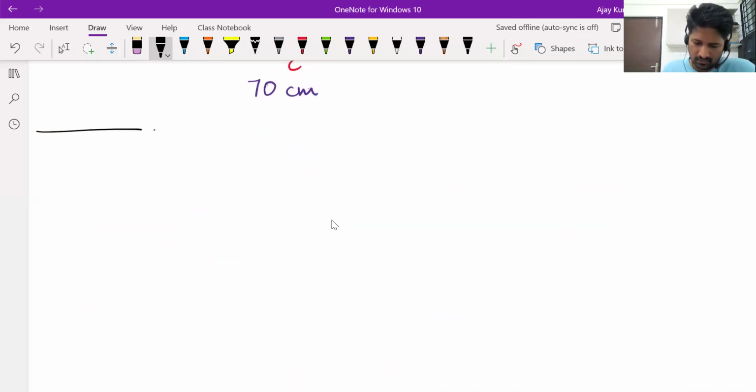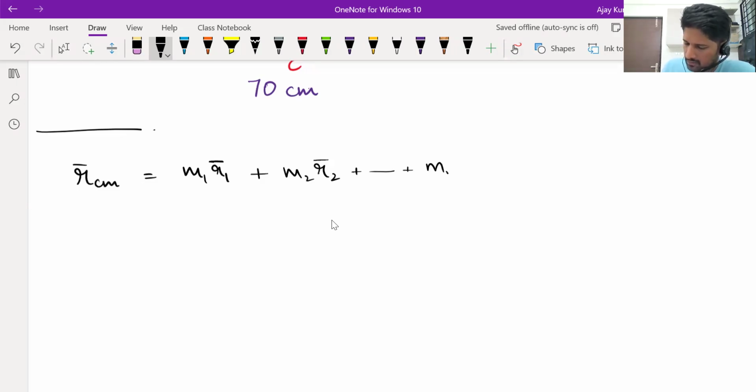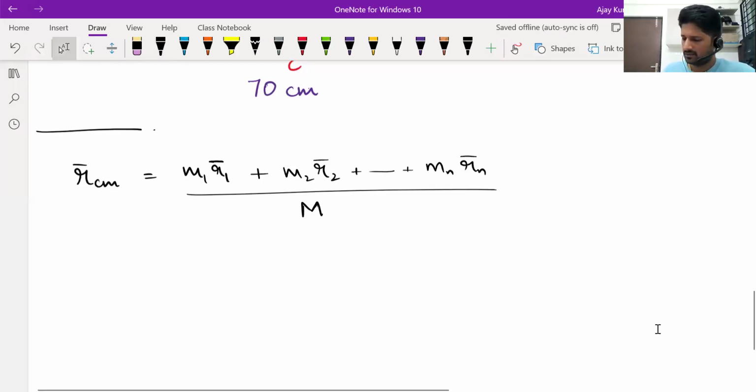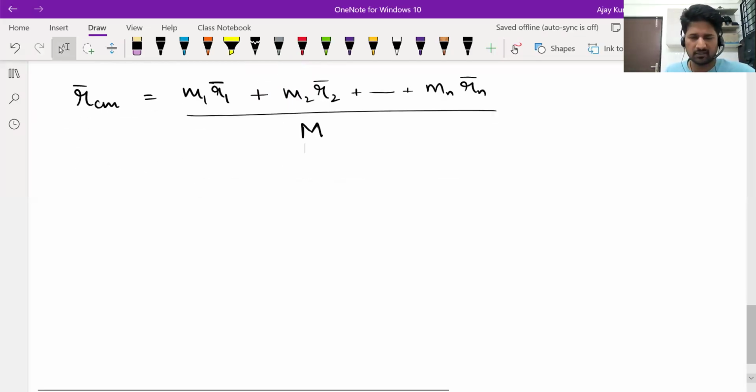Next, we know that the position of center of mass is given by this formula: M1 R1, like first mass multiplied with the first mass's position vector, plus second mass multiplied with its position vector, and so on, the last mass multiplied with its position vector, divided by the total mass of the system. Velocity, acceleration are also related in a similar manner.